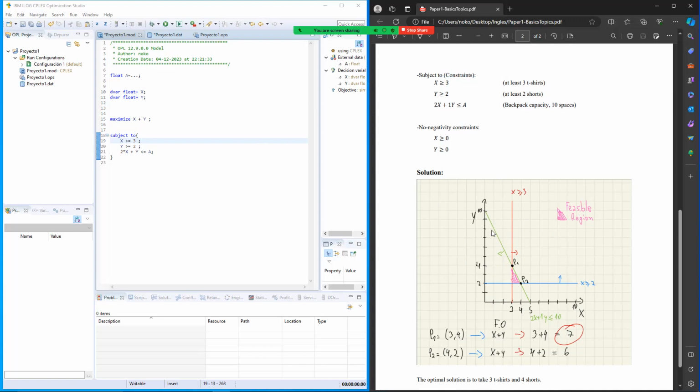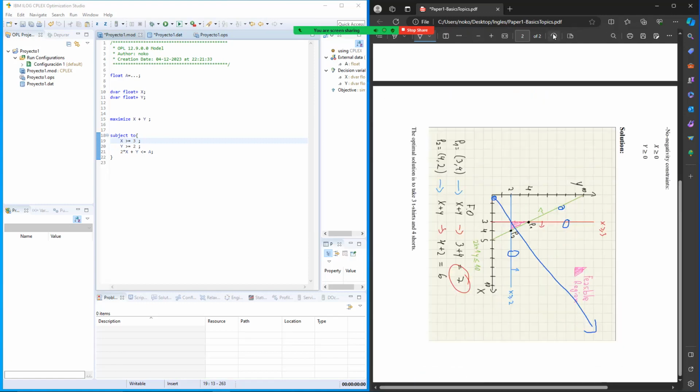Like if you don't find these constraints, this will be not the maximum. For that, I will go there, but it is not possible because we have this constraint and this and this.